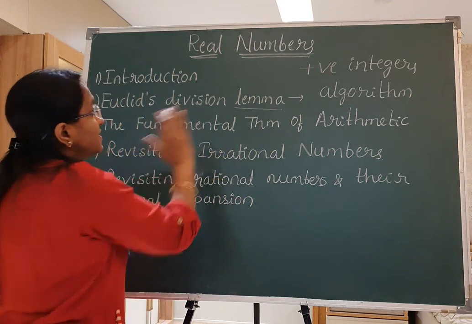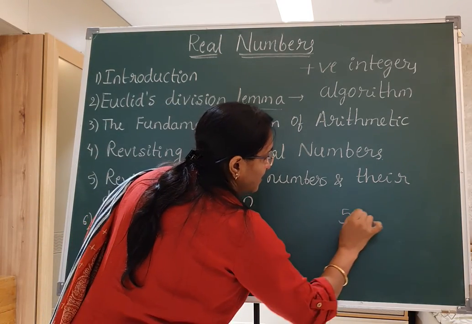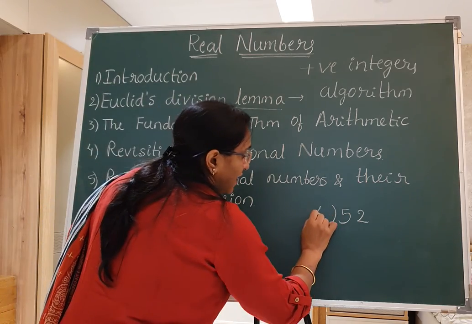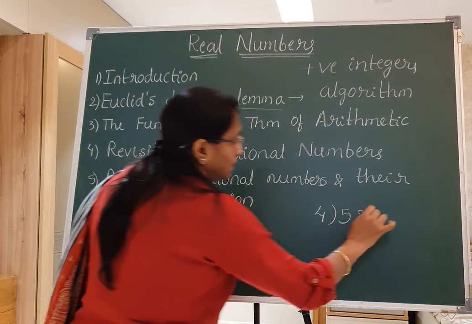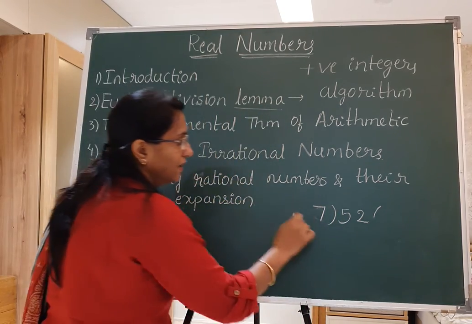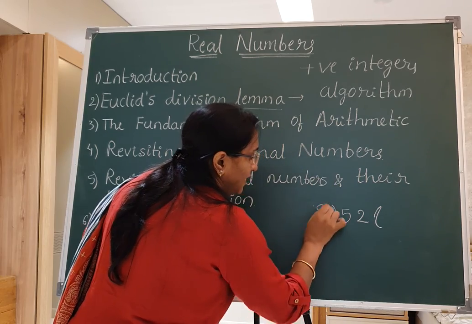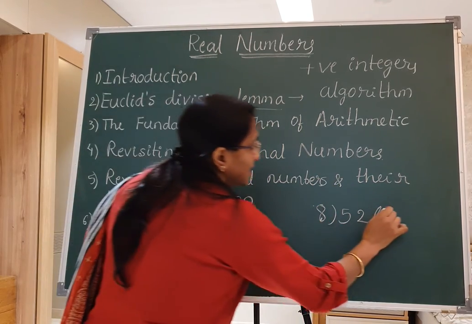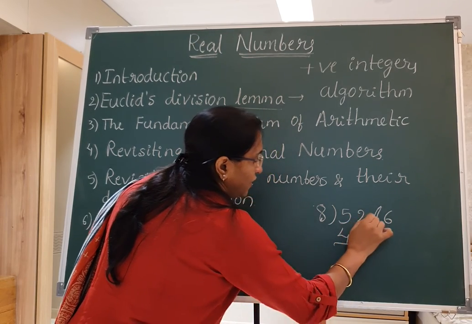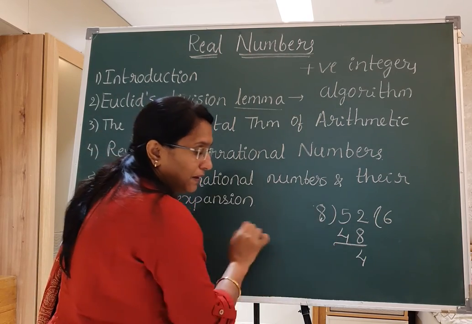What is Euclid's division lemma? Let us consider one simple example of division: 52. If we divide this by 8, 8 sixes are 48, so 52 minus 48 is 4. It is a simple division.